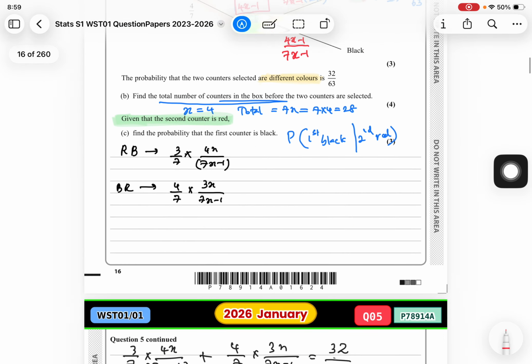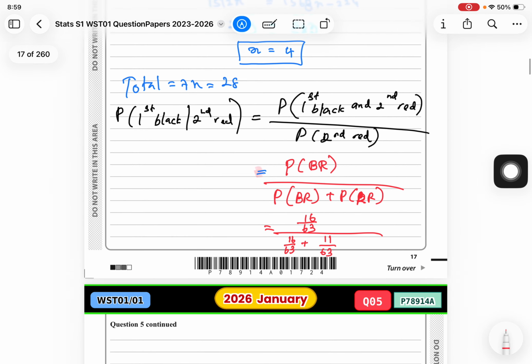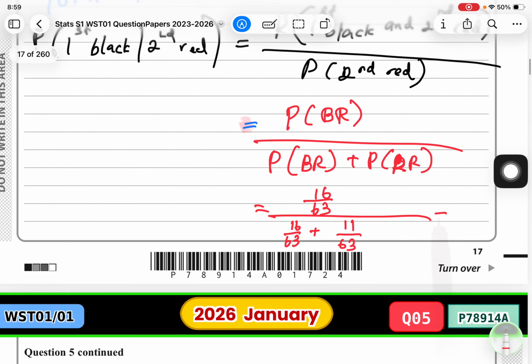So we got all the scenarios covered. That will give you the final answer, which is 3/7. I'm not going into the simplification since the calculator is there, so that's how we got to the probability.